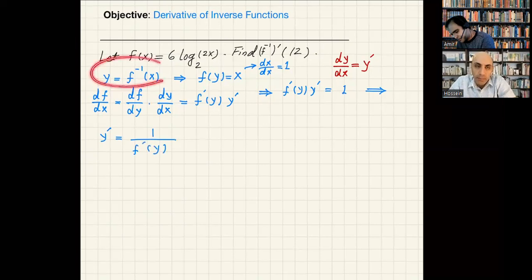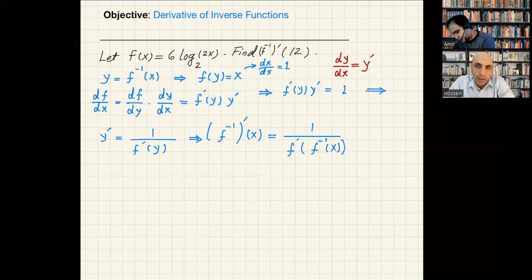And here we have this definition. So you're going to substitute that. Instead of y, I put f inverse of x. So f inverse prime of x is equal to 1 divided by f prime of y, which is f inverse of x.